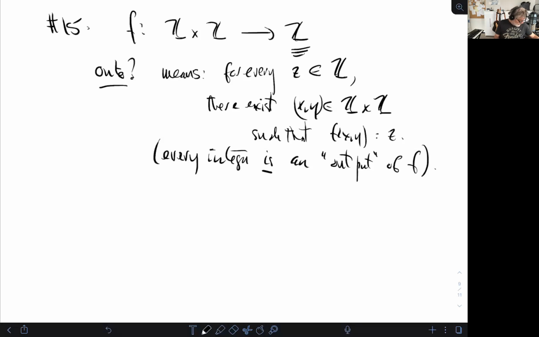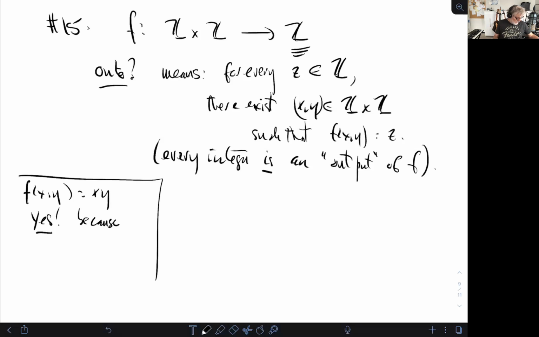Excellent, actually, very good point. If the function happens to be x times y, then yes, the answer is yes, because f of 1, z will be 1 times z equals z. So if you take any z, you do 1 times that number and you'll output that number.